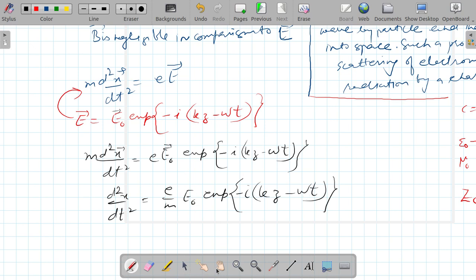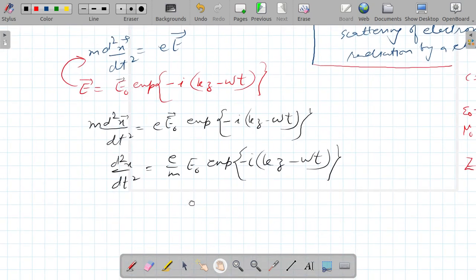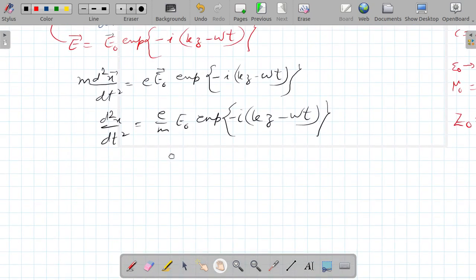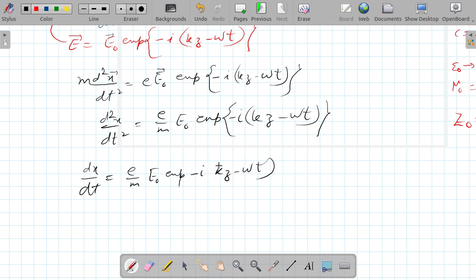So if I integrate it, then its integral will become dx over dt, which is equal to e by m E naught exponential minus iota (kz minus omega t) times 1 over iota omega.